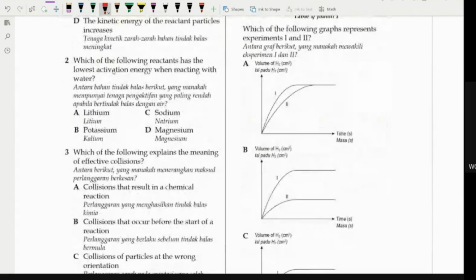Okay, number 2. Which reactant has the lowest activation energy when it reacts with water? So what do you think? Lowest activation energy. I think this is a hot question. How do you apply this? Lowest activation energy.